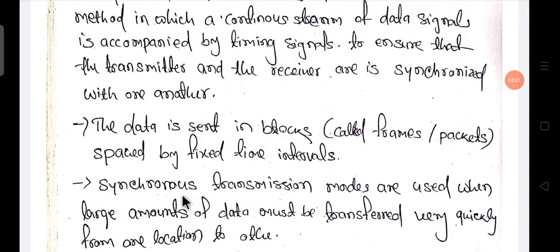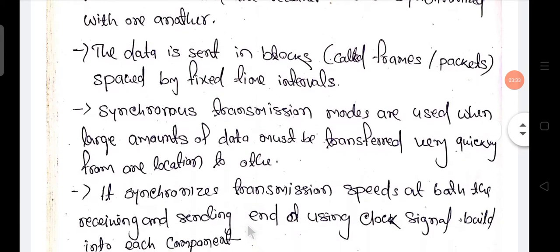Synchronous transmission mode is used when a large amount of data must be transferred very quickly from one location to another.